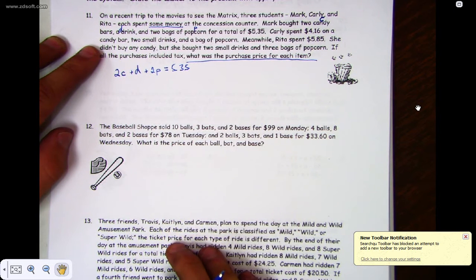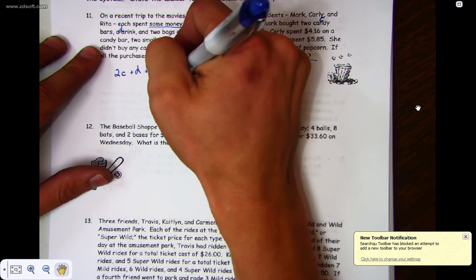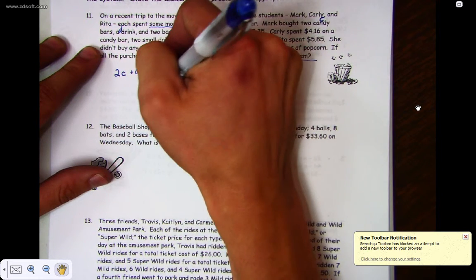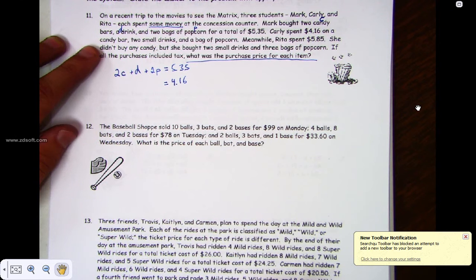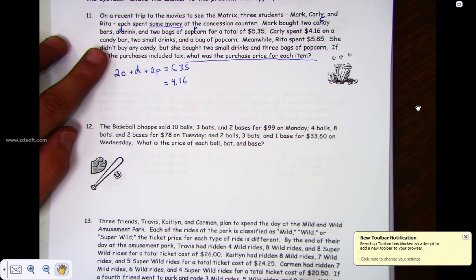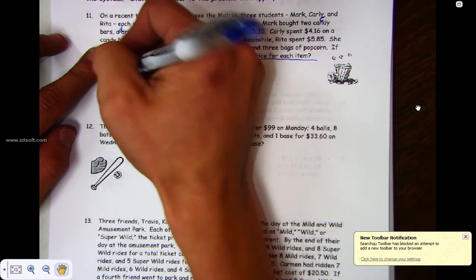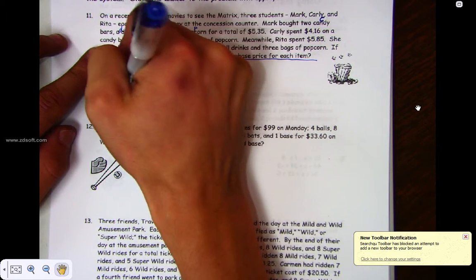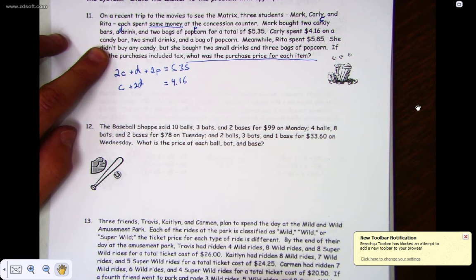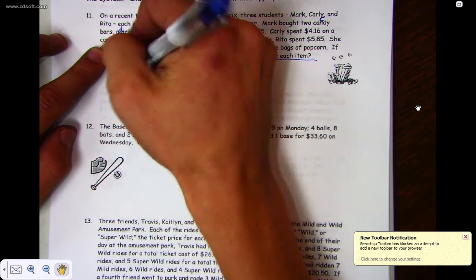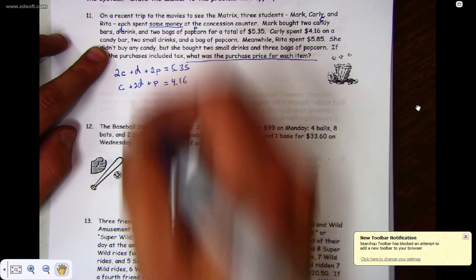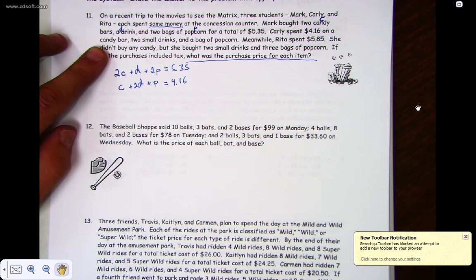All right. Now Carly spent $4.16. This equation looks like it's going to be written a little bit backward. Well, 1 candy bar, so 1C, 2 small drinks, 2D, and then 1 bag of popcorn, plus 1P. Then we have one more.